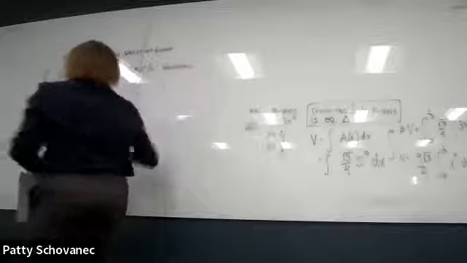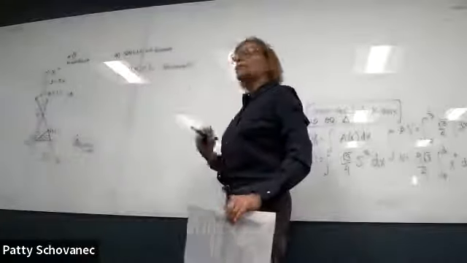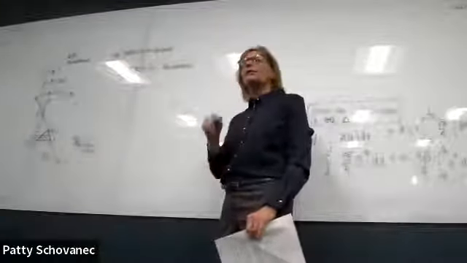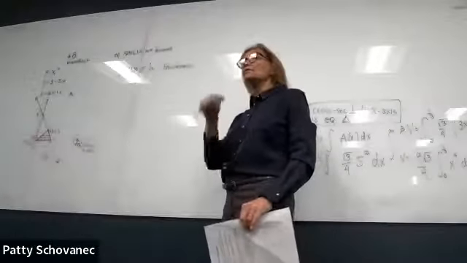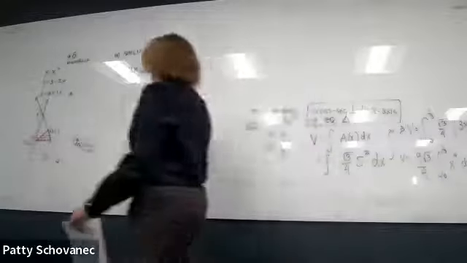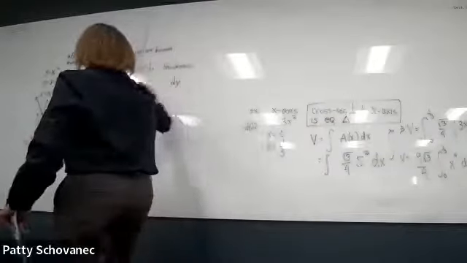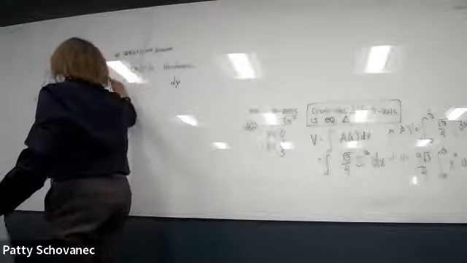The thickness is either dx or dy, and our picture is telling us it's dy. So everything that I put in here, the r and the h, has to be as functions in the variable y. Let's put the 2 pi out here.